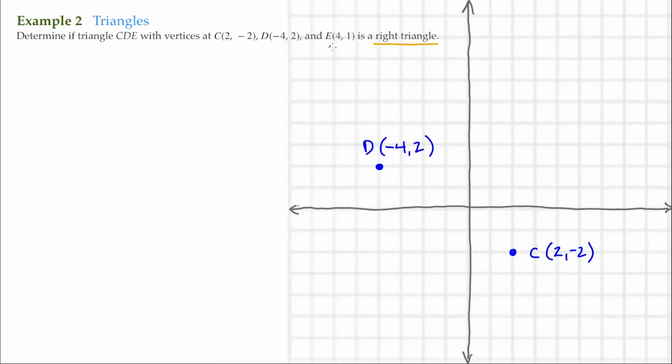And of course, vertex E, which is at (4, 1): 1, 2, 3, 4, and 1. So it's easy to see how our triangle develops. I'm just going to go ahead and connect these line segments.